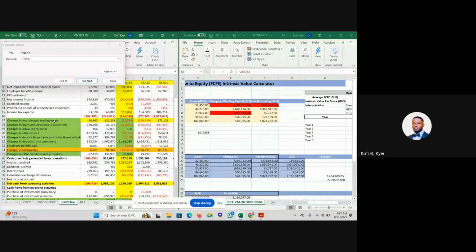So it is what is left to run the business. That is what we call the working capital. What is left to run the business? That's why the key definition is the current assets minus current liabilities. Yes, that is why the definition is like that.